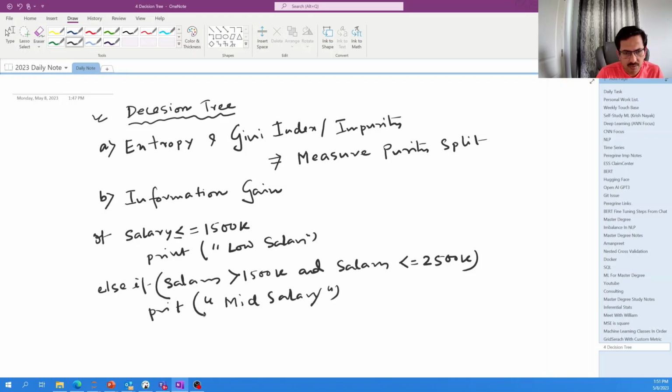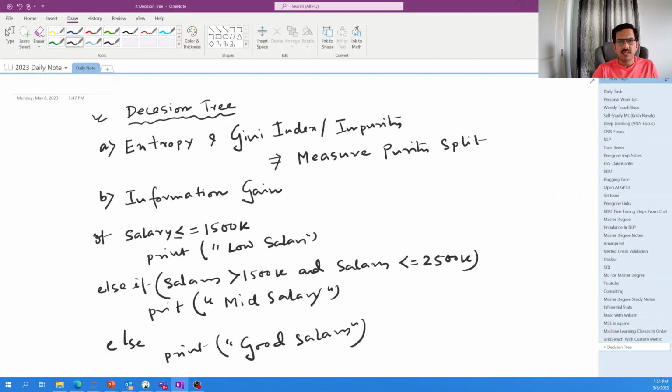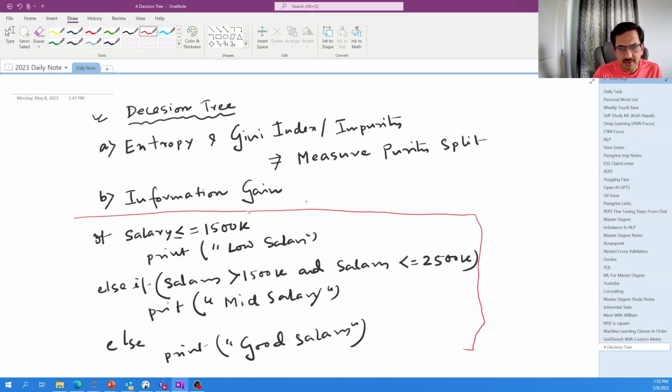Otherwise, else just print good salary. So this is an if else block. If I consider this, this complete thing is nothing but a nested if else, as it's called in programming language.